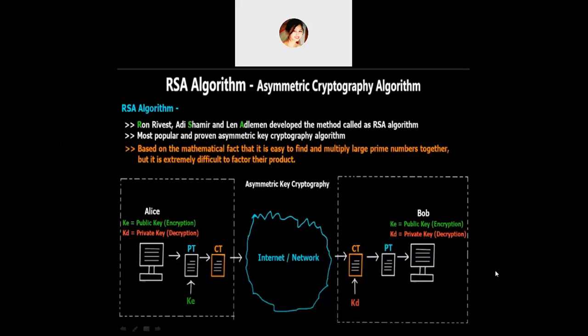The plain text is encrypted using one key, and the same key is used at the receiving end to decrypt the received ciphertext. I hope you remember these things.